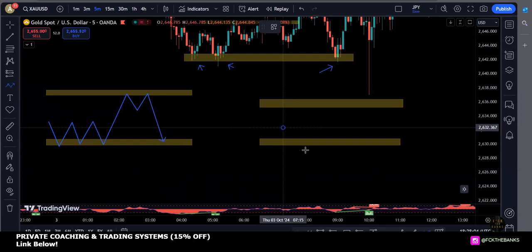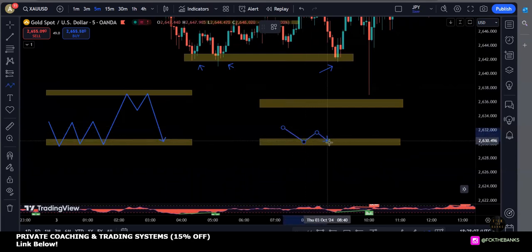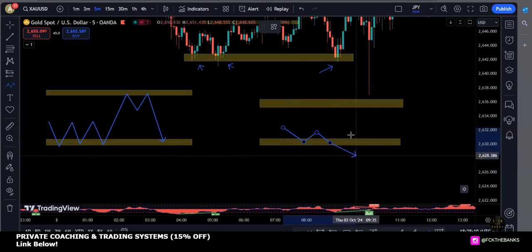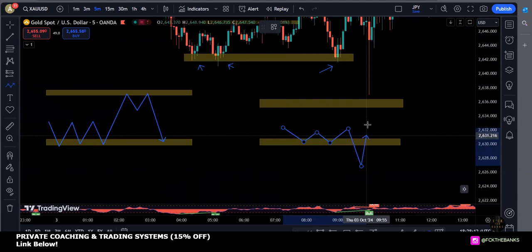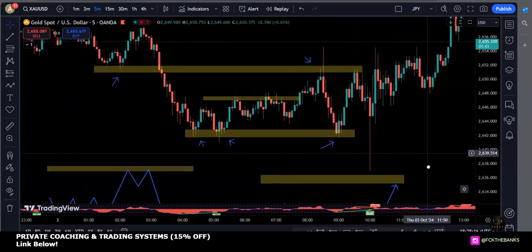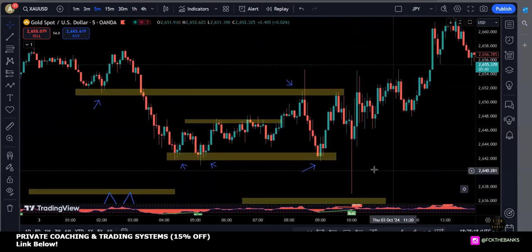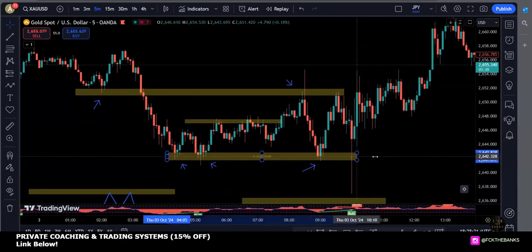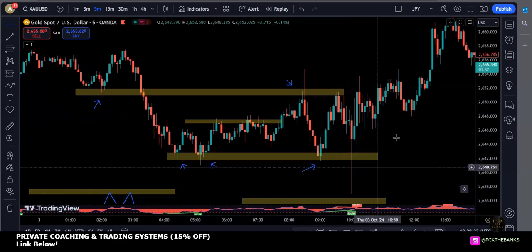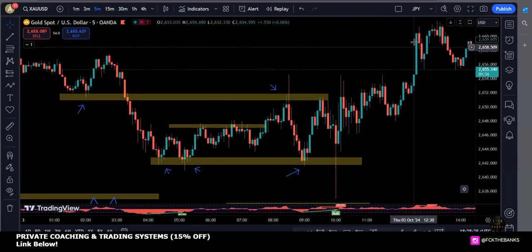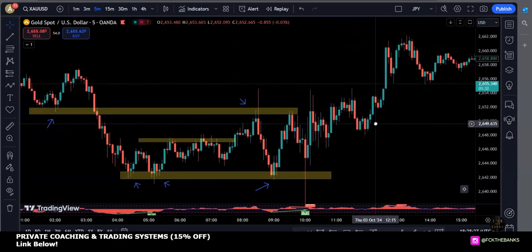So with a little drawing, let me show you again what is a liquidity level. Usually you're gonna have some lows, and then price is gonna make a fake out and it's gonna go into the opposite direction. As you can see in this previous example that we were looking at, the support in gold, this was a liquidity grab, and price went into the opposite direction for a significant amount of pips.